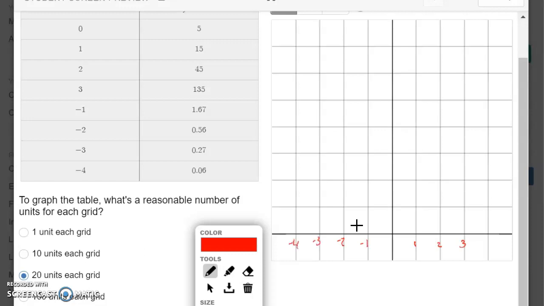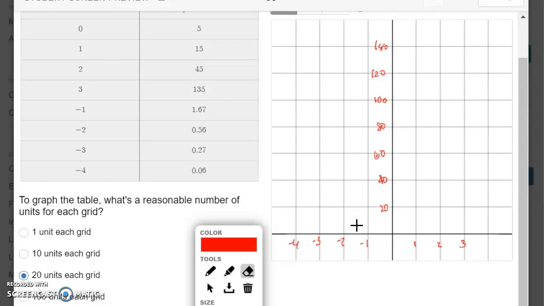For the y-axis, it's going to be 20 units each, so maybe I'll do it on this side: 20, 40, 60, 80, 100, 120, and 140. You do need to label them when they are not at an interval of 1. When it does not represent 1, then you need to label them.